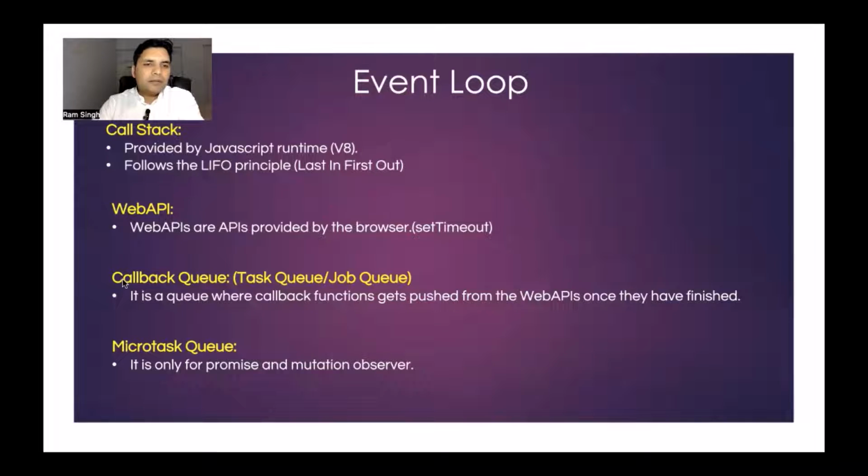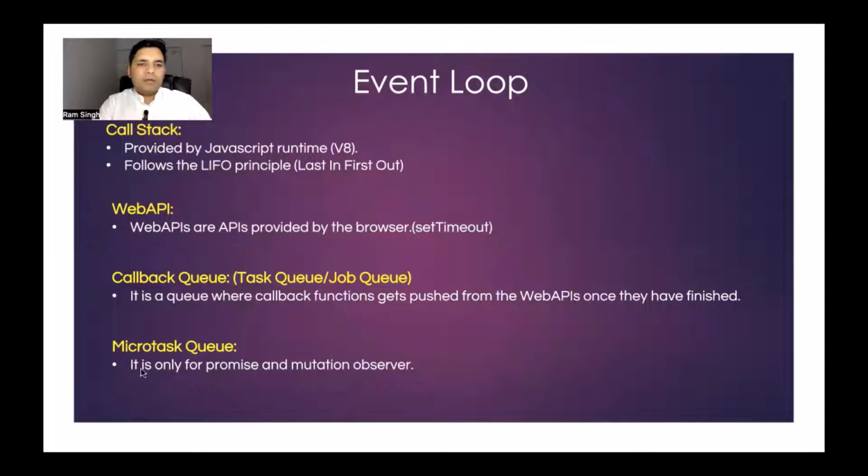Next, I'll give a brief overview of the callback queue. This is basically a queue for the callback functions. So when any function finishes in the web API, it gets pushed into the callback queue. So this callback queue maintains all your callback functions.